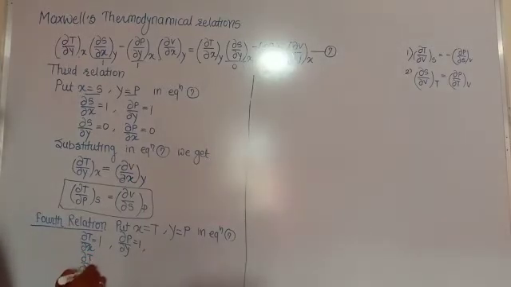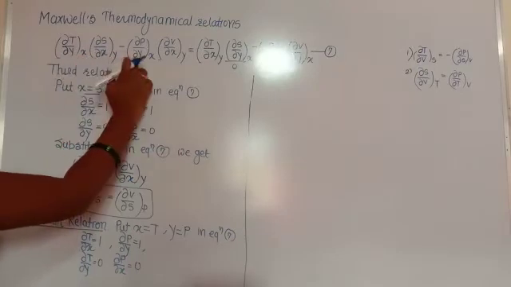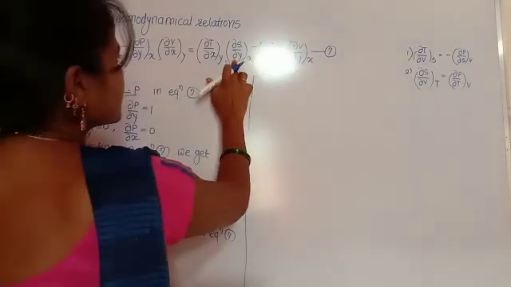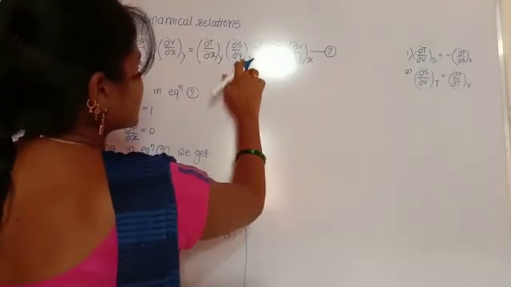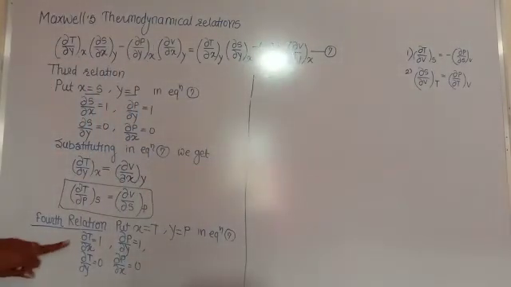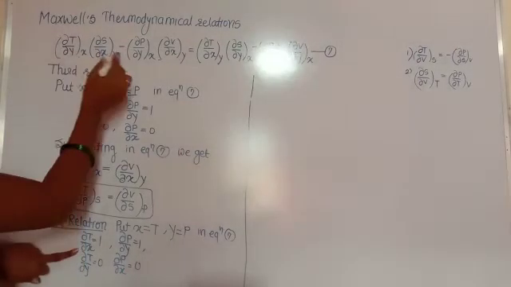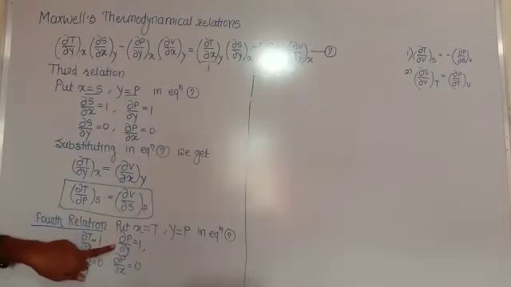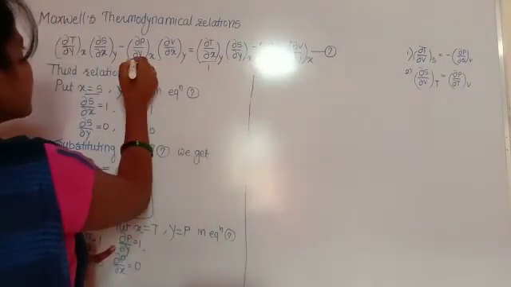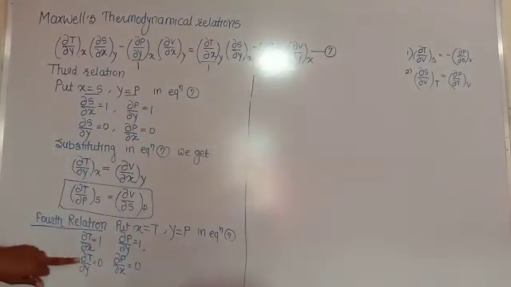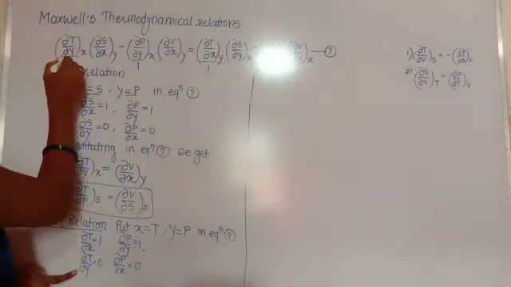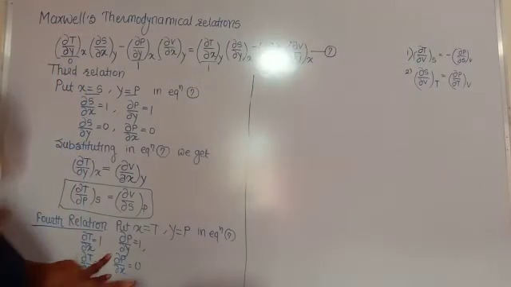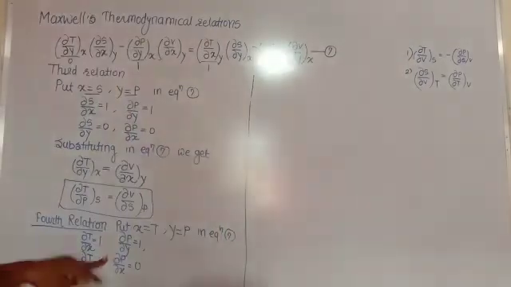Del T by del Y is 0 and del P by del X is 0. Then see which terms remain: del T by del X is the one term, del P by del Y is also the one term, while del T by del Y and del P by del X are the 0 terms. So we get only two terms.